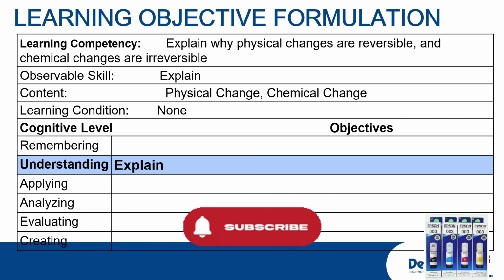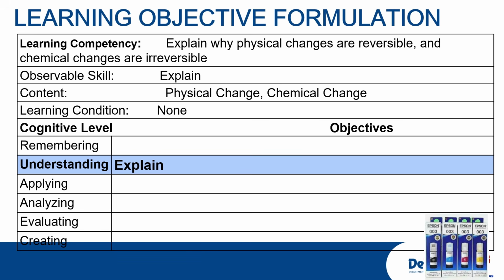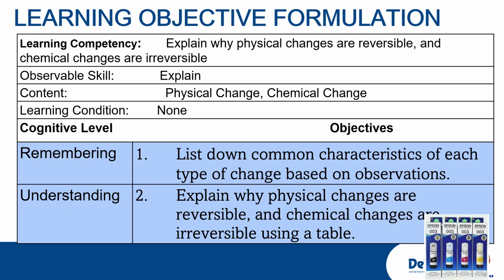So explain is under the cognitive level of Bloom's taxonomy, or revised Bloom's taxonomy. Explain is under understanding. When we write learning objectives, we should have objectives from remembering to understanding.